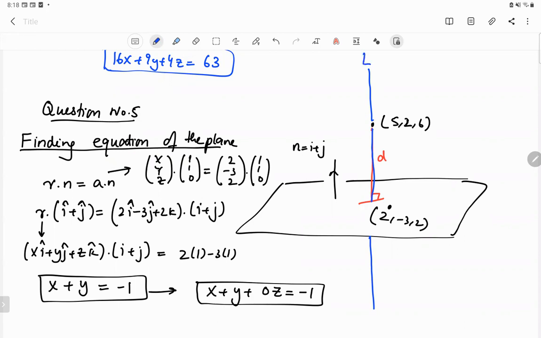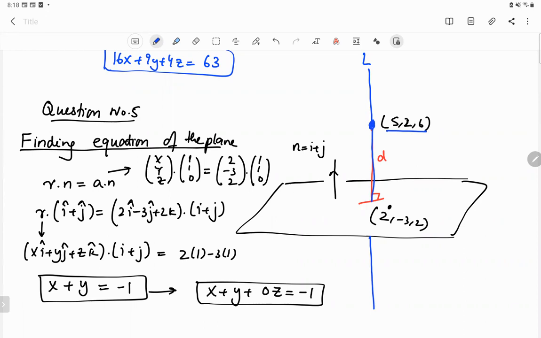And the equation of this line L can be easily calculated. We just need to know a point on the line, which is this (5, 2, 6). And we should have a vector parallel to the line, which should act as a direction vector of the line. In order to know the equation of a line, you need a point on the line.